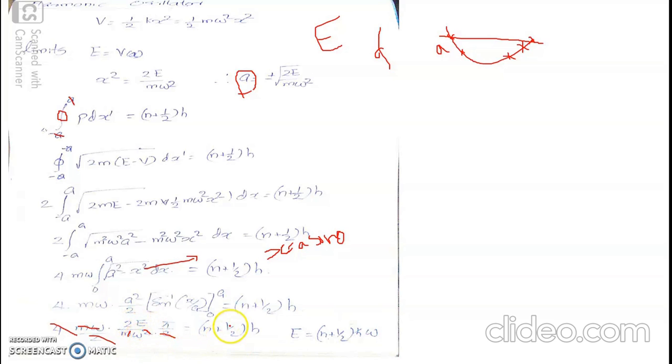Take omega to the right side to make the expression for the evaluated energy as E equal to n plus half h divided by 2 pi. h by 2 pi is written as h cross. Omega is taken to the right side to make the general expression for the energy of the nth quantum state of the linear harmonic oscillator as n plus half h cross omega.